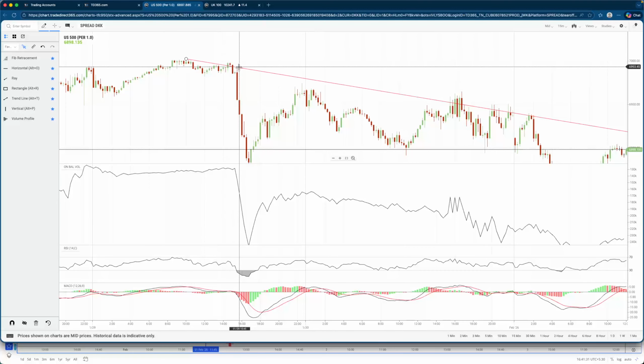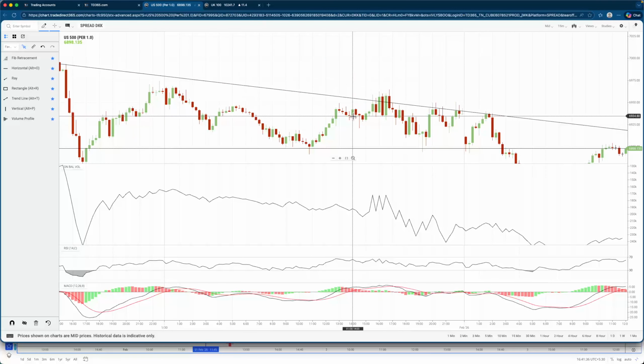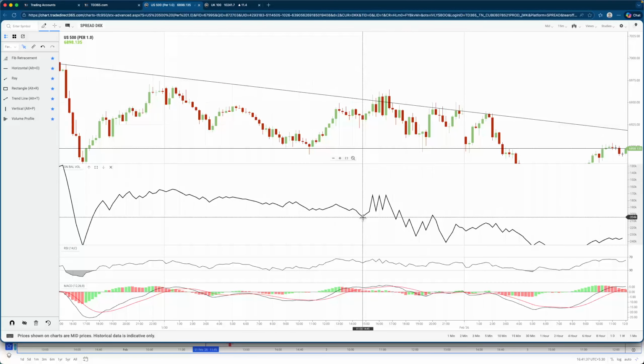And this trend line was of course not drawn at that time, but whatever is happening now is in itself on a bearish volume, on a weak volume, I should rather say.